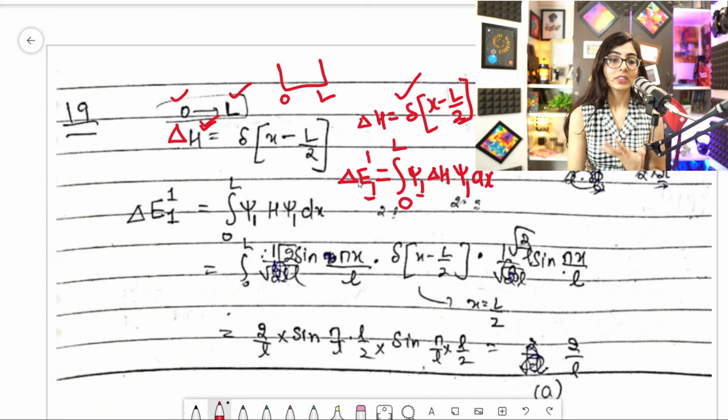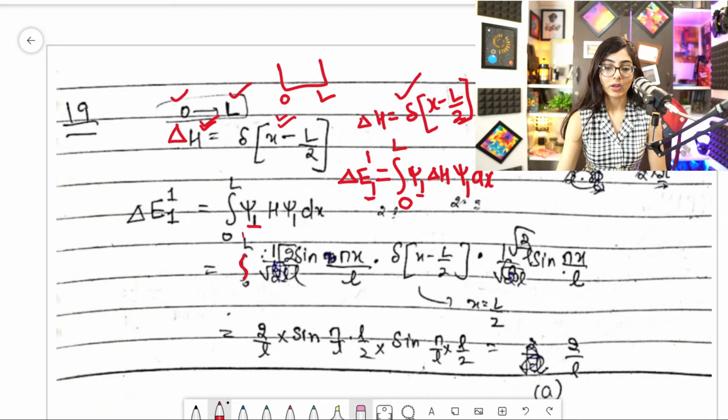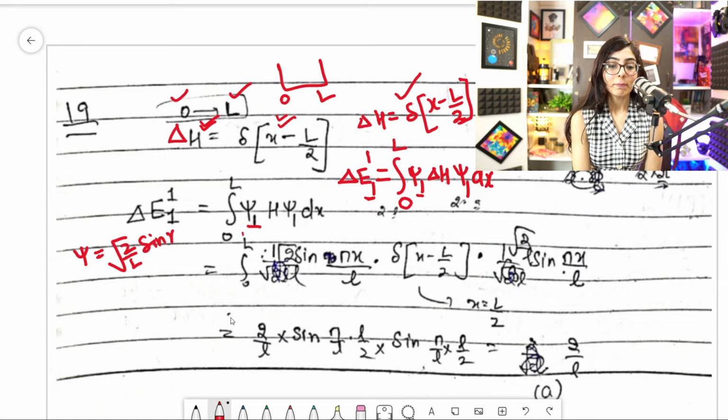Since the perturbation is in the Dirac delta form, just simply put the values first. The wave function for a box of length 0 to L is root 2 by L sine of n pi x by L. That is the basic wave function formula for a particle in a 1D box.